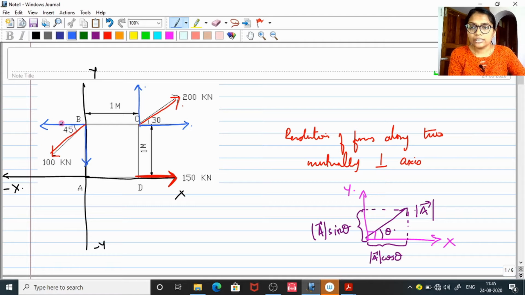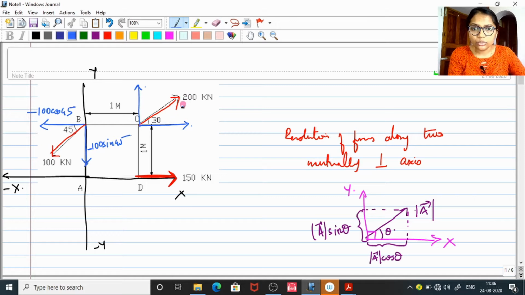See, this side is nearer to 45 degrees, so the cosine component must be written here, which means this is 100 cos 45. But since we have resolved along the negative x-axis, a negative sign comes here. And also this side is away from 45, so this is 100 sin 45, and here we have to put a negative sign because this arrow is pointing in the negative y direction.